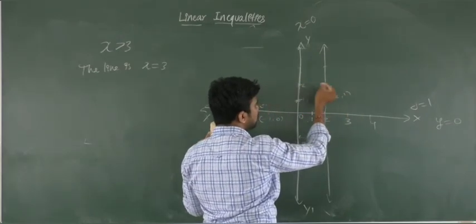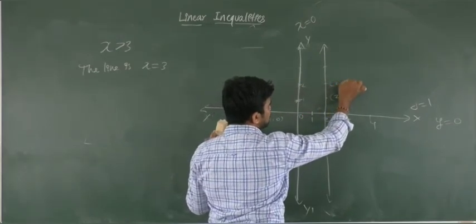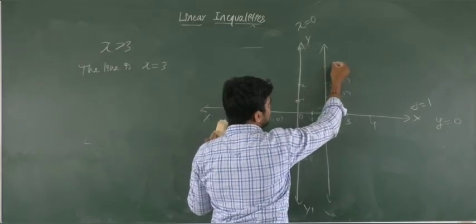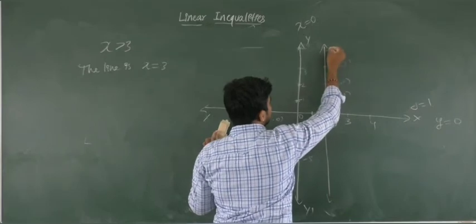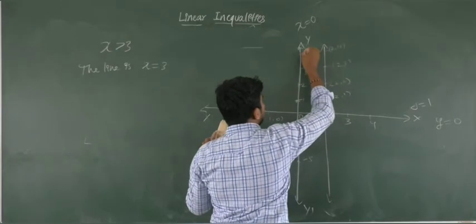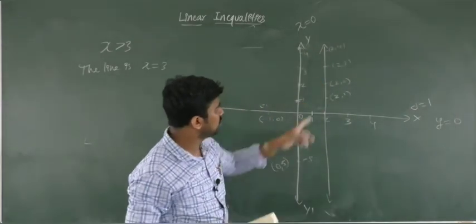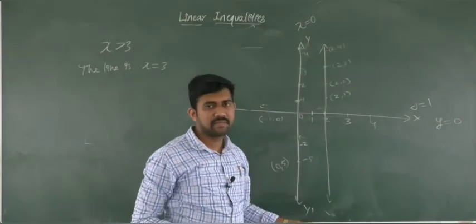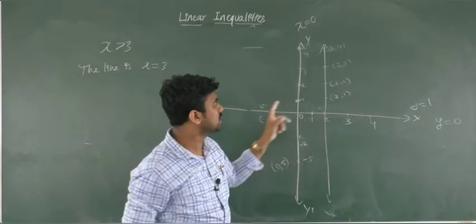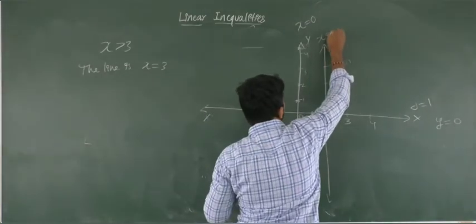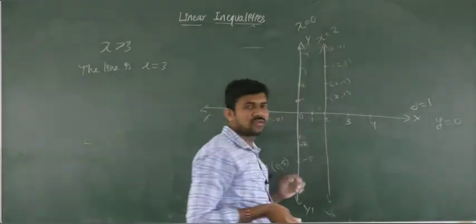Here x is 2, y is 2. Then x is 2, y is 3, and x is 2, y is 4. Like this we get points where the x coordinate is the same, always 2. So we can say the equation of this line is x is equal to 2.